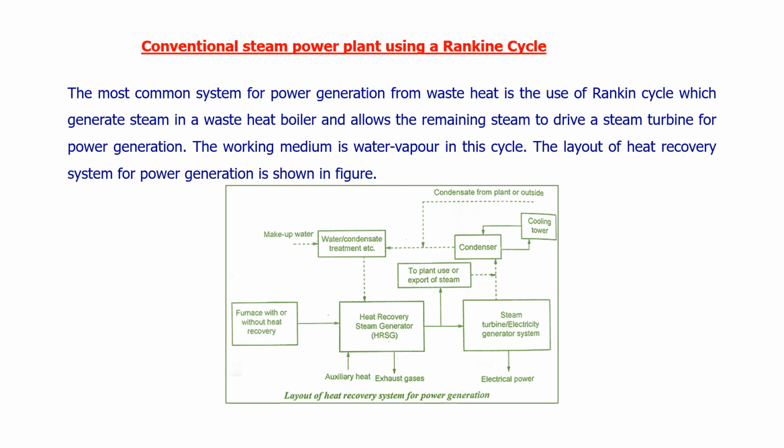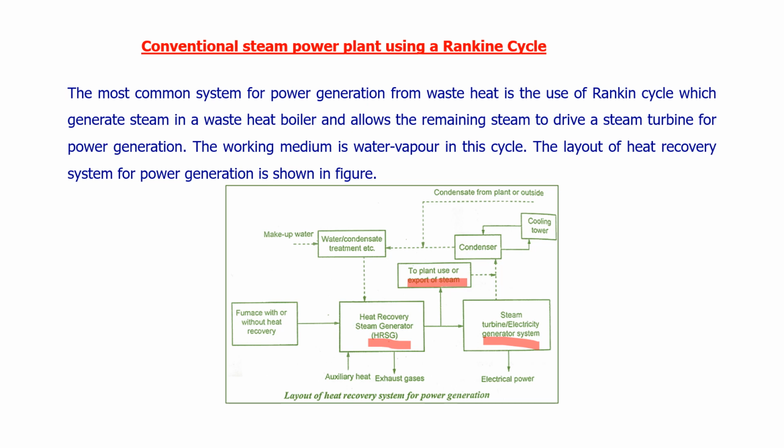This is called the waste heat recovery system. The HRSG, or heat recovery steam generator, sends steam to plant use or export. Here is the steam turbine for electricity generation, this is for export of steam, and as usual we have the condenser and cooling tower, and here the condensate treatment.